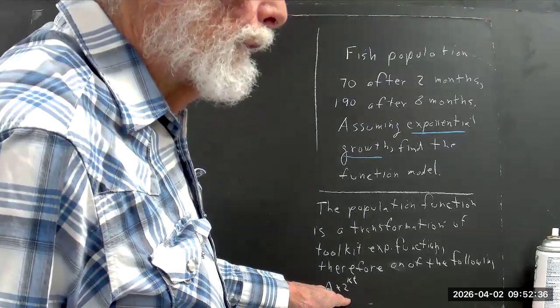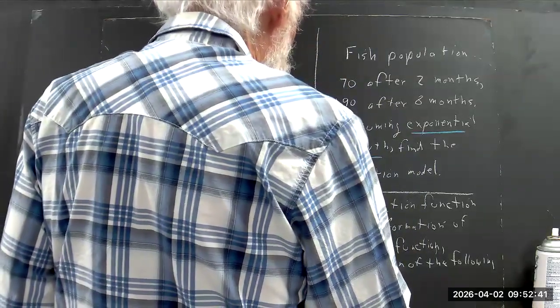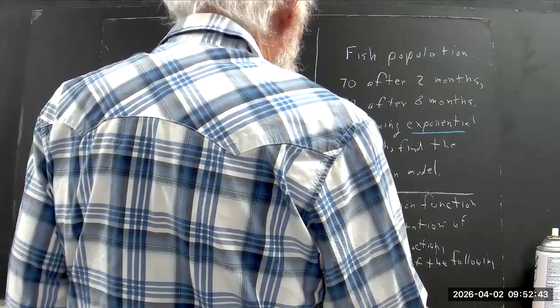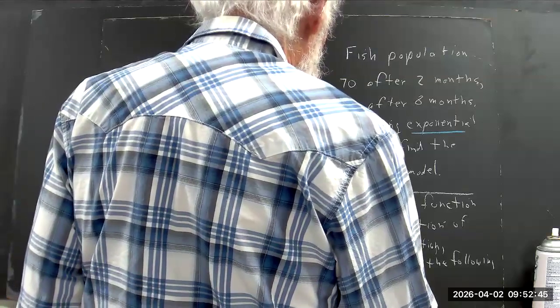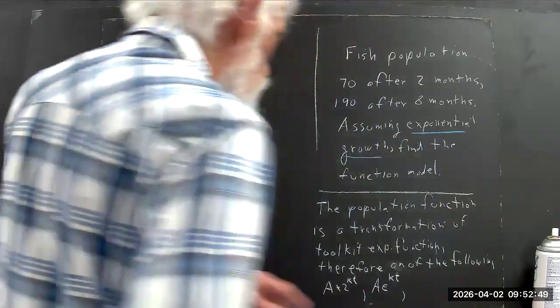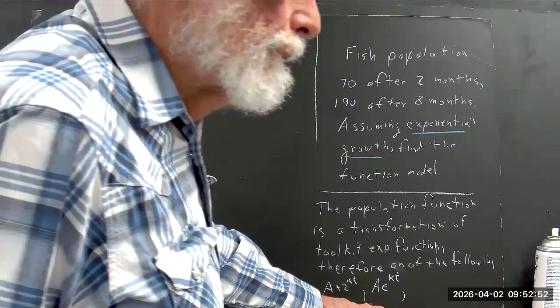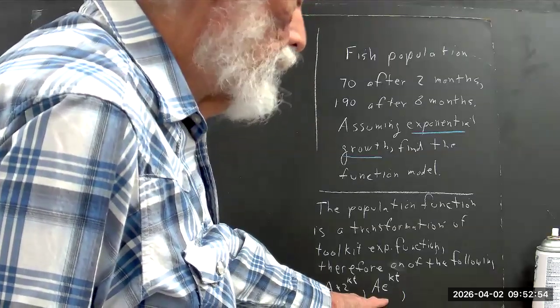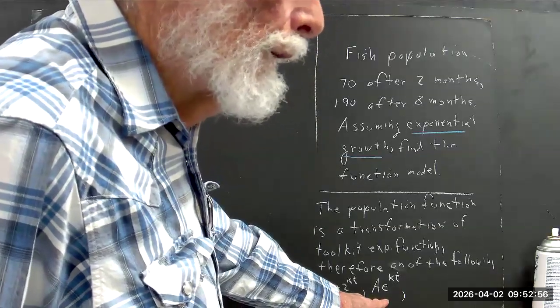I believe Open Math uses it as well. Another possibility is a e to the kt, which is a transformation of the exponential function e to the x.